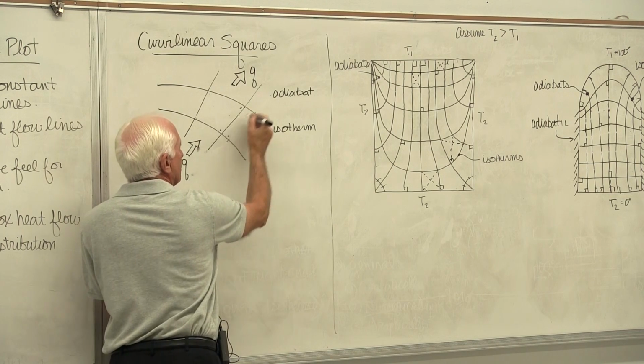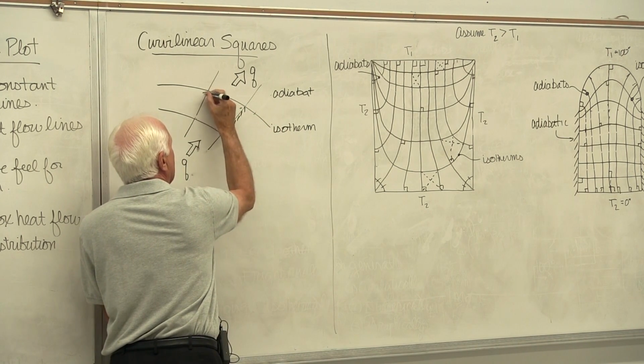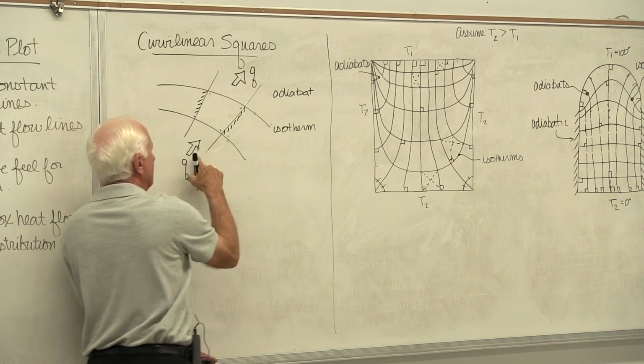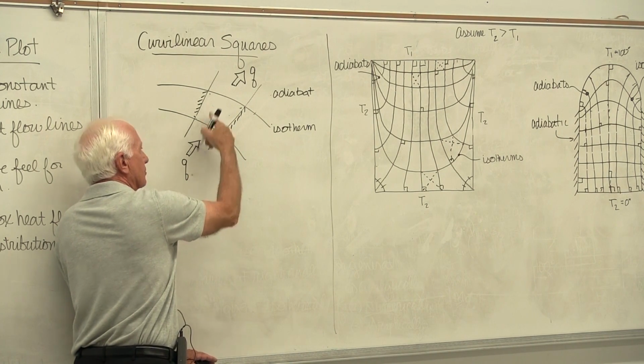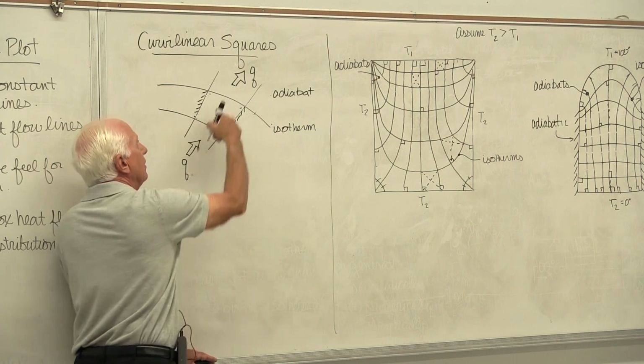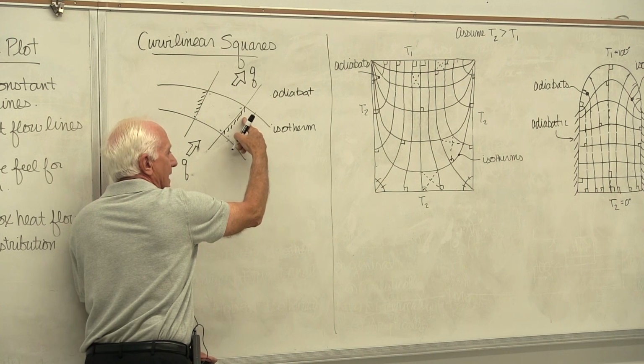These lines called adiabats behave as if they were adiabatic. So the heat that comes in here can't cross those lines. So all the heat that comes in here goes out there. That's why these lines are called adiabats, because they behave as if they're an adiabatic boundary.